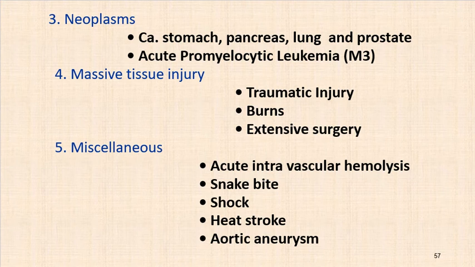In each of these cases, the mechanisms involved in the production of DIC are different.